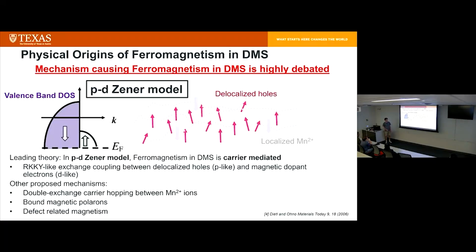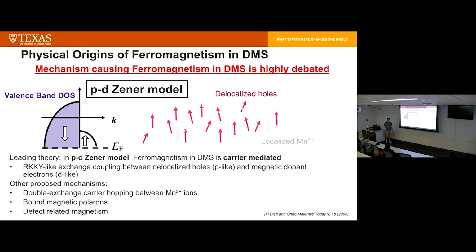How the p-d Zener model works is you have these localized magnetic dopants and these delocalized holes, and they interact via an RKKY-like coupling. And so typically the p-d Zener model is a mean field theory RKKY-like exchange coupling interaction. And that allows for ferromagnetic alignment of the carriers.